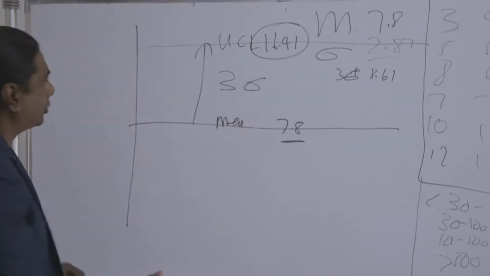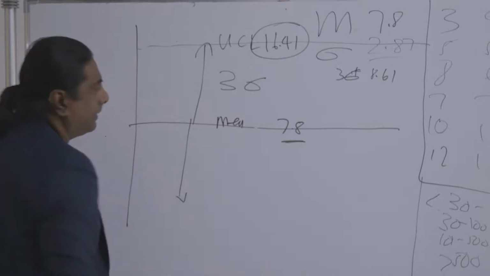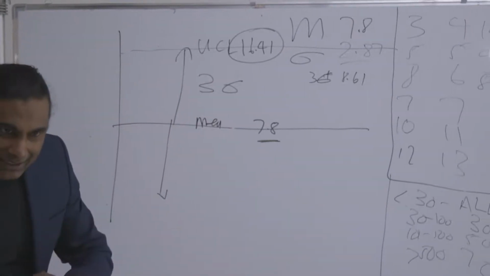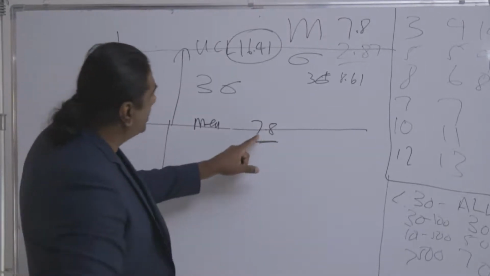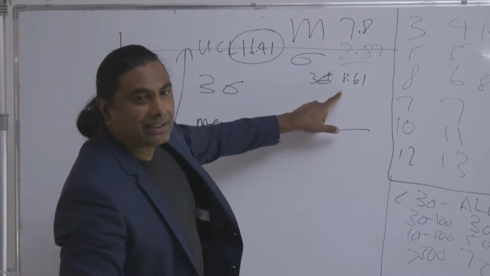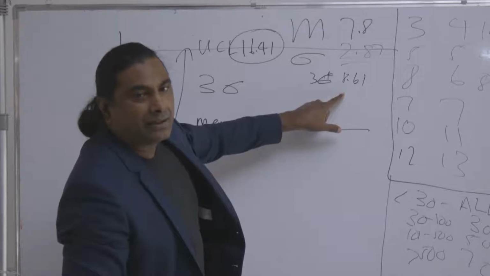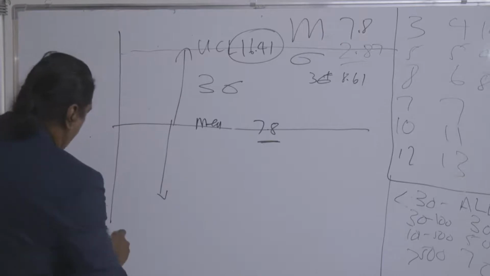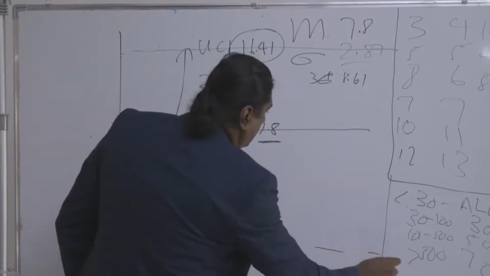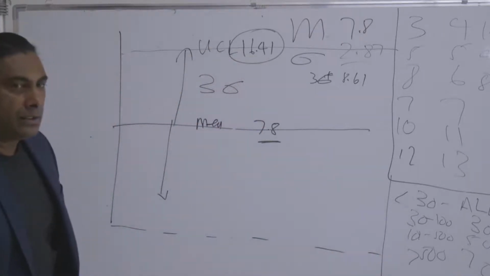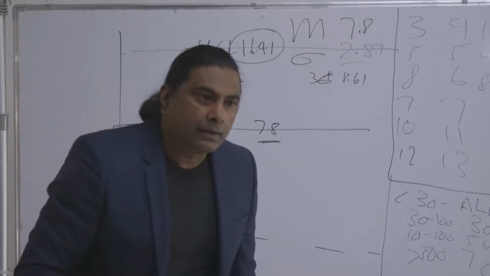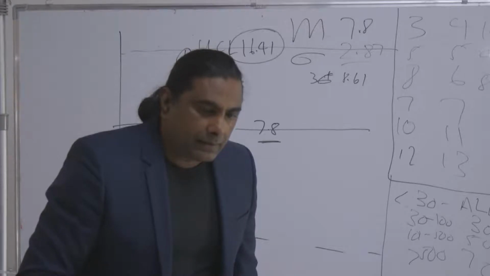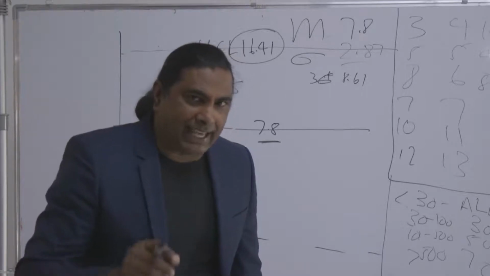What is the lower control limit? The mean minus 3 standard deviations. So it's 7.8 minus 8.61. What is that?